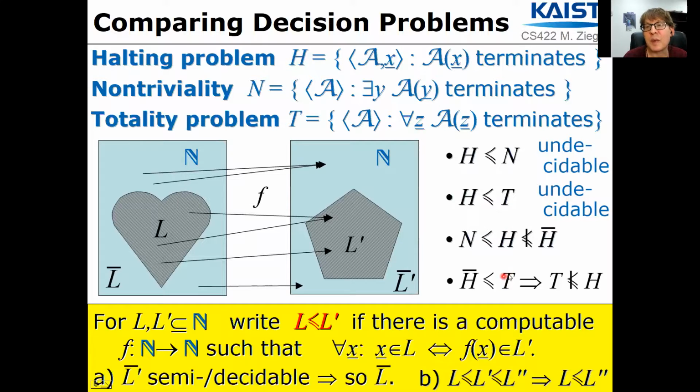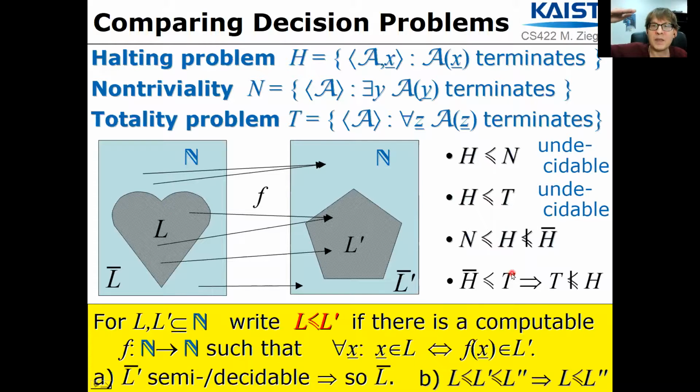The totality problem is strictly more undecidable, which already gives an indication of the hierarchy that I mentioned. Later we will actually climb up this hierarchy far beyond. So far we have on the bottom the class of decidable problems. Then we have the class of undecidable problems that are equivalent to the halting problem, which includes the non-triviality problem.